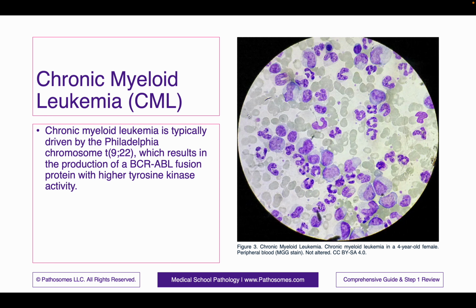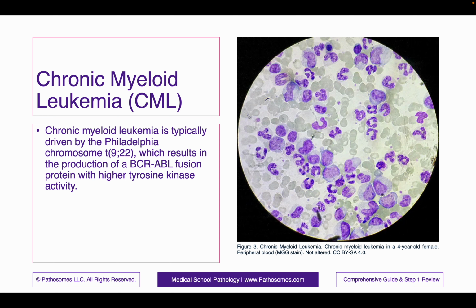Chronic myeloid leukemia is typically driven by the Philadelphia chromosome, which you know is translocation 9;22, which results in the production of a BCR-ABL fusion protein with higher tyrosine kinase activity. Now let's think back to biochemistry with all those signalings and those pathways, those cascades. You remember that when tyrosine kinase is activated, a number of downstream processes are turned on.